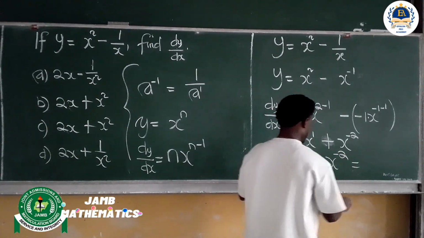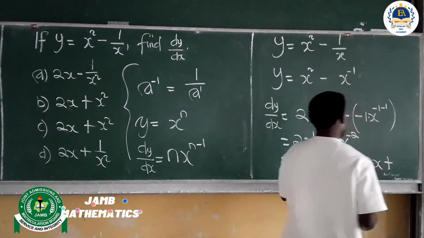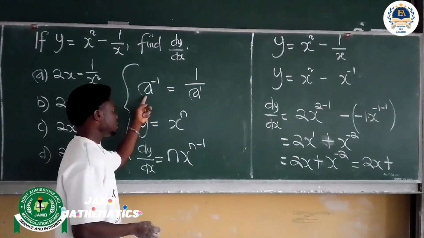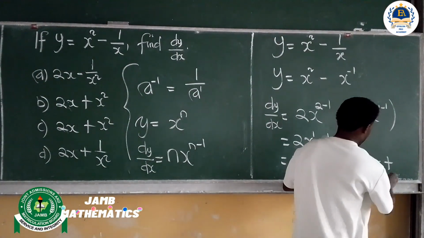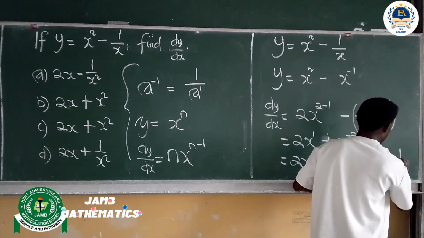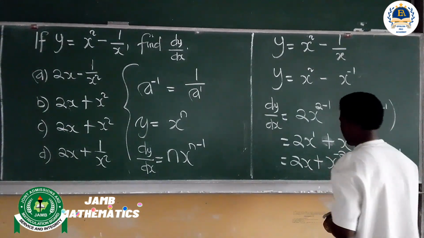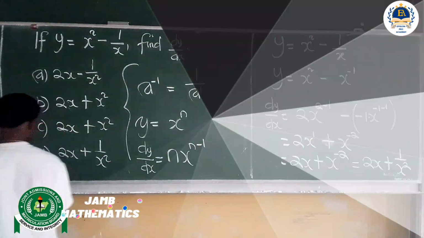This is the same as 2x plus, now changing this back to this form, 1 over x raised to the power of 2. So let us examine the options. The option on the board is option D.